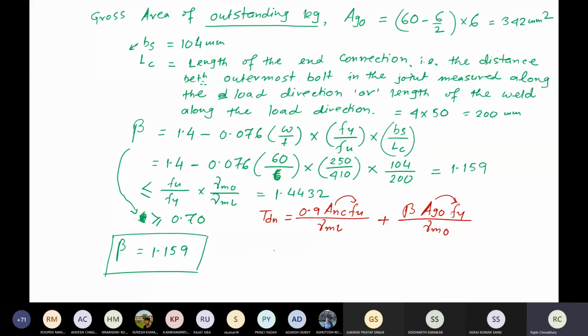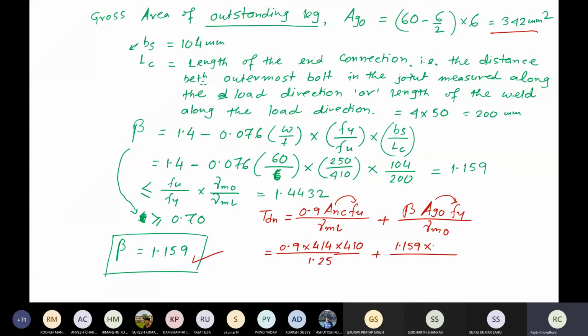Okay, so over here, 0.9 times, what is Anc? I have already calculated Anc in the previous slide. It was 414 times Fu 410 divided by 1.25, plus beta, which I just calculated, 1.159, times the gross area I have calculated for the outstanding leg.